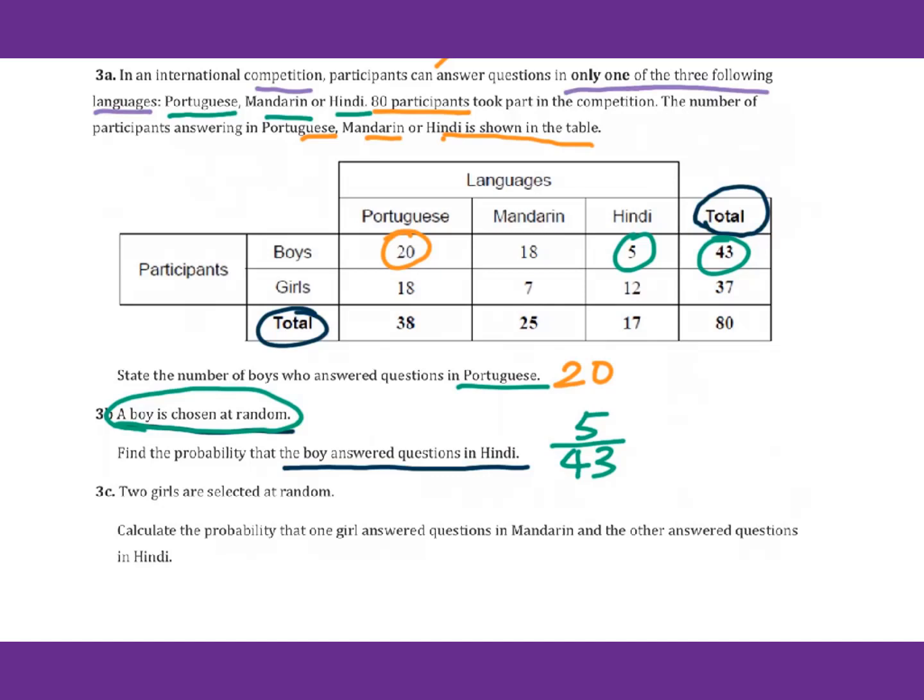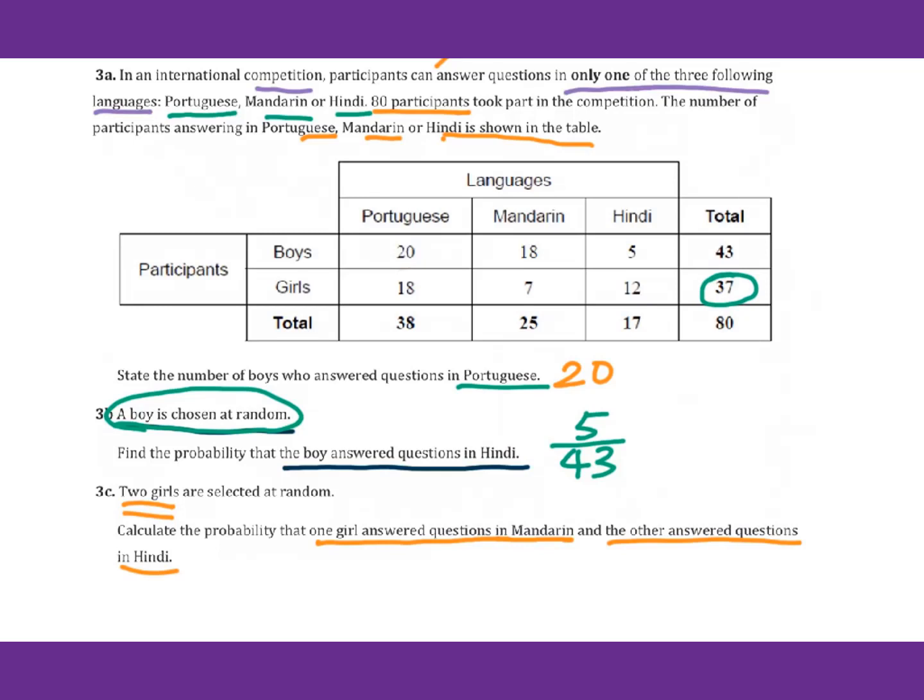For 3C, 2 girls are selected at random, so they told you it's 2 girls. Calculate the probability that one girl answers questions in Mandarin and the other answers questions in Hindi. First of all, you need to check how many girls are in this competition. You will get 37. When 2 girls are selected, this is a dependent event.